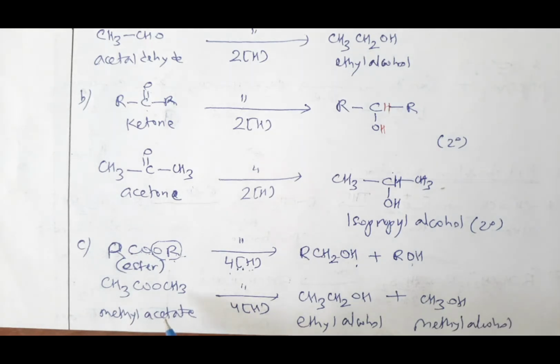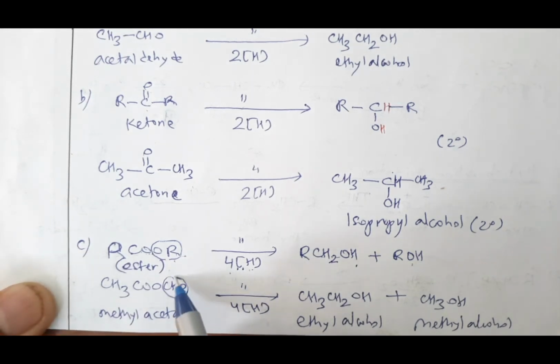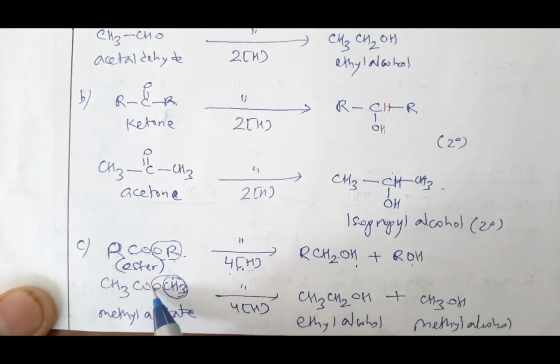Now, let us see how to get this with a particular reaction. Now, CH3COOH, if here is H instead of CH3, it is called acetic acid. But I replace that H with CH3, so this is called methyl acetate. I am doing the same reduction with 4 nascent hydrogen. So here, out of 4 hydrogen, CH3O, like before, will take 1 of the H to form CH3OH, that is methyl alcohol.